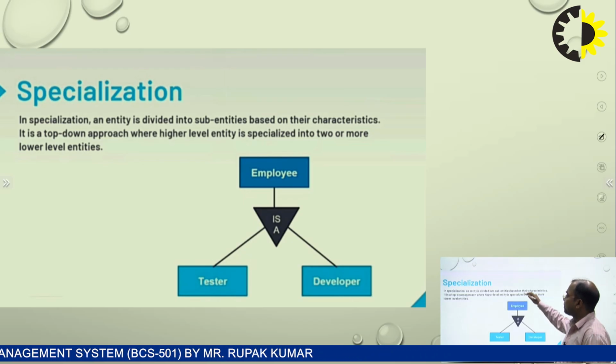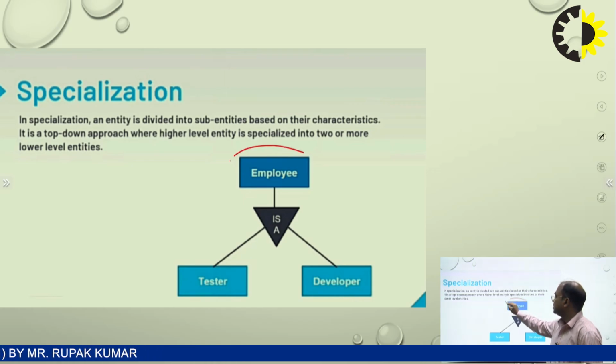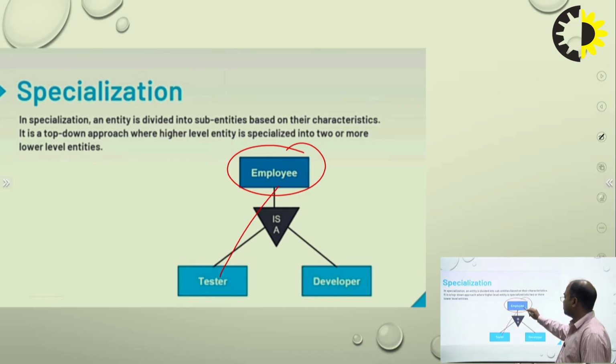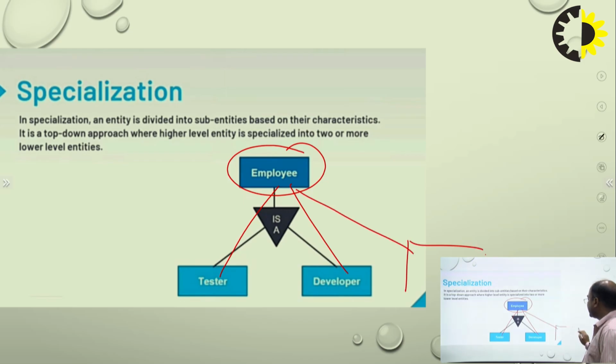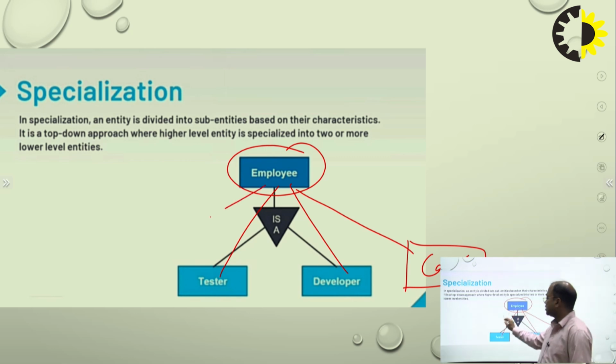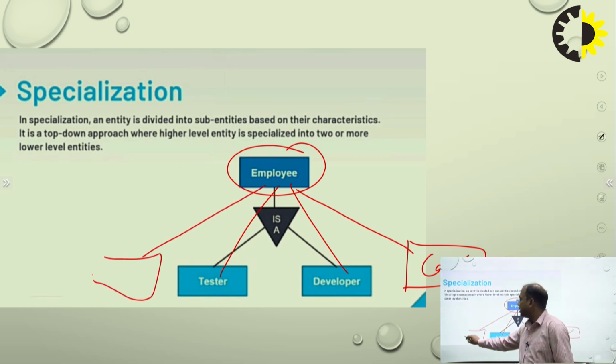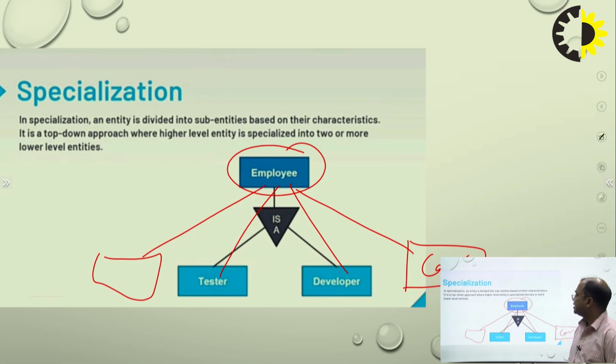Likewise, in the same example, suppose an employee is also a tester, a developer, a coder, and a designer. We can add as many entities as we want.